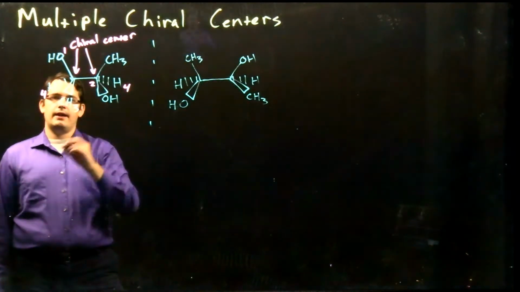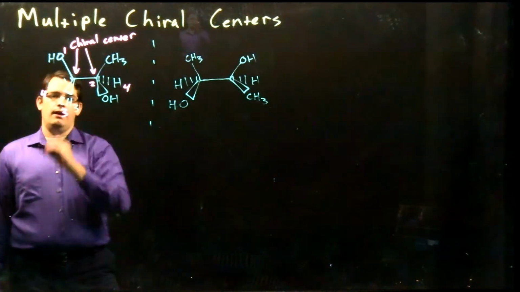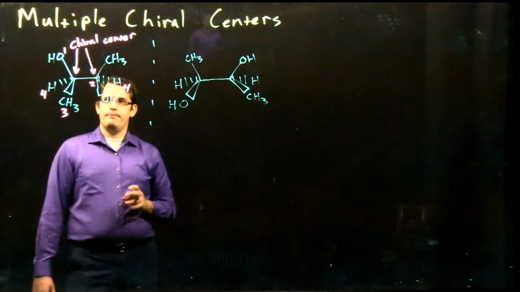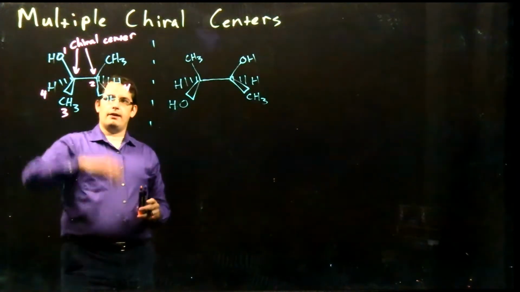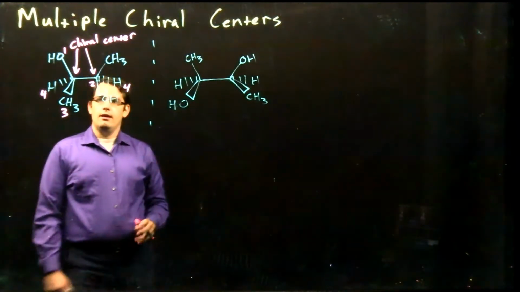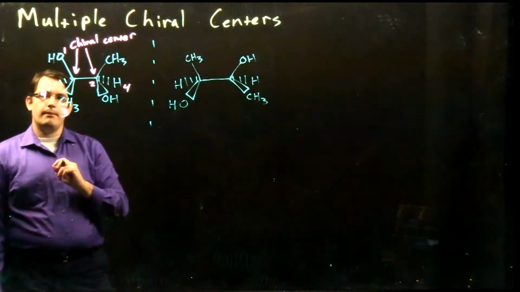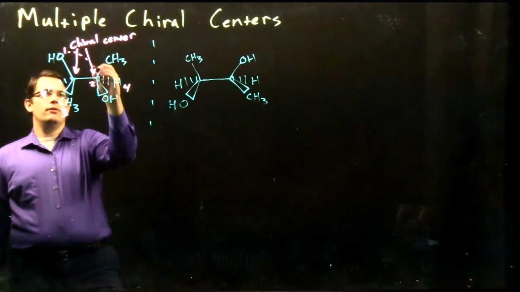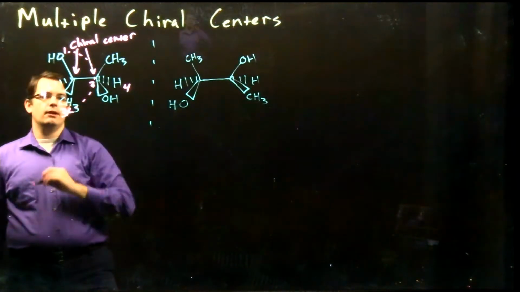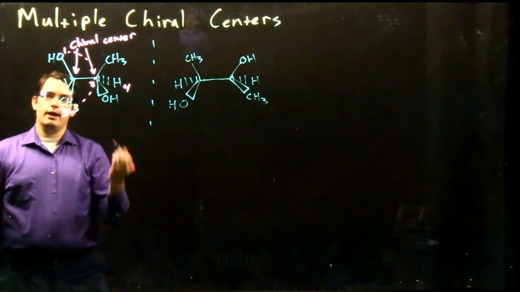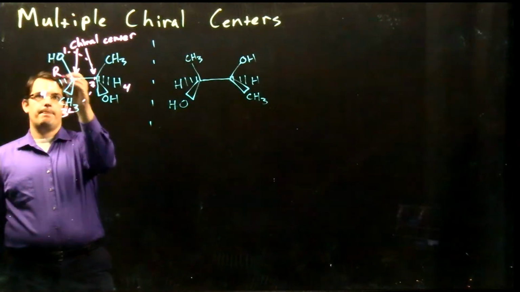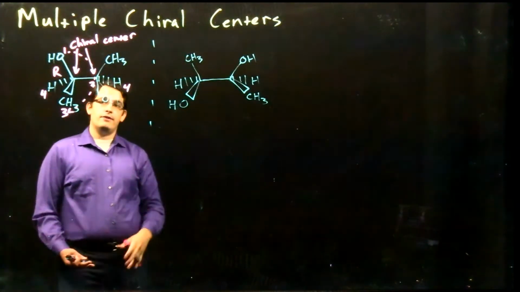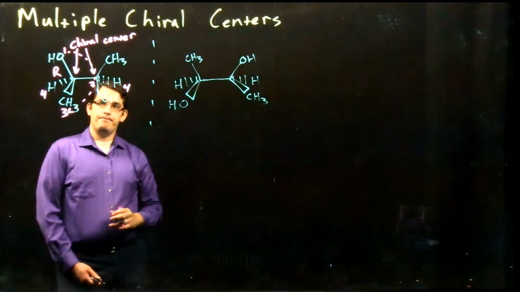So that's going to be my second highest priority, and this is my second lowest priority. So this is the priority for my carbon over here on the left. My hydrogen is already pointing backwards, so I don't have to rotate my molecule. I move from the highest towards the lower priority, and I'm going in a clockwise direction. So my chiral center on the left is the R configuration.